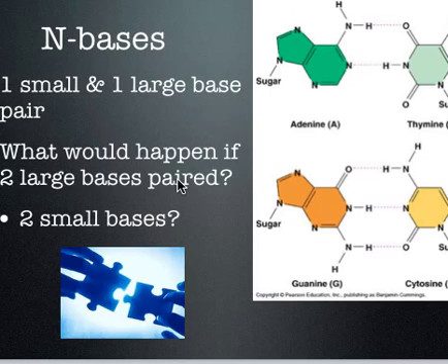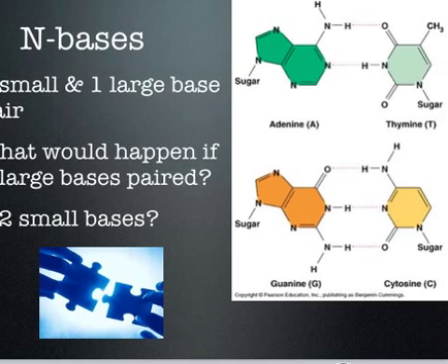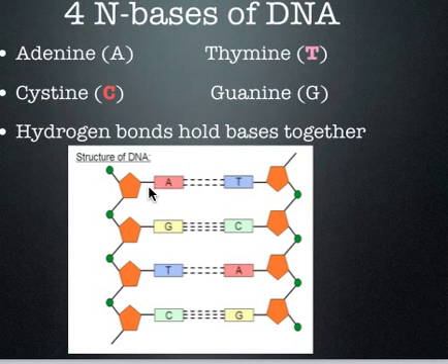Now, when the nitrogen bases pair, it always works with one small base always bonding with a large base. So right here, here's a small base, T, binds with the large base, A. This small base, C, binds with this large base, G. It has to be that way. What would happen to the DNA ladder if 2 long bases joined together? Well, if we go back up to here, the bonds are this long. So between the nitrogen bases and the hydrogen bonds, it has to be this width.